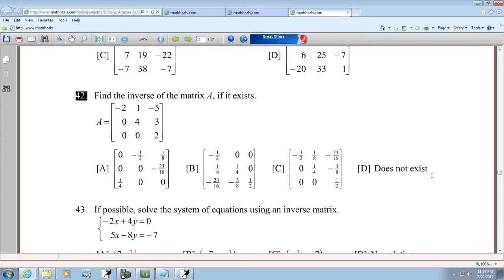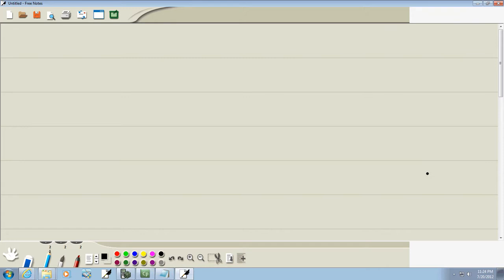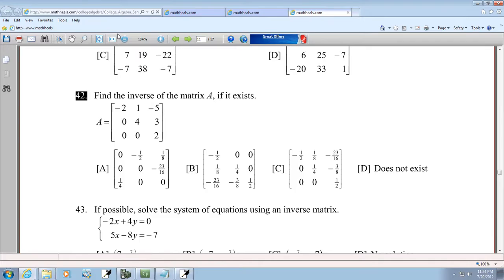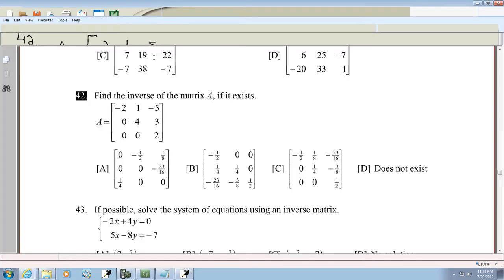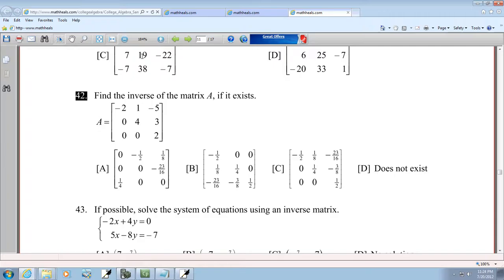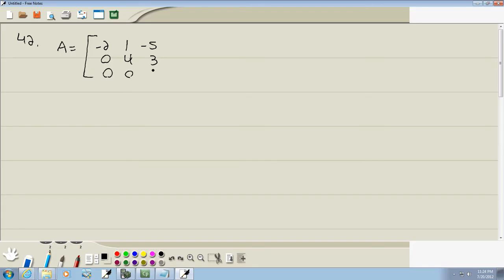Well, let's take a look at how to do this by hand. Let's see, we got A is equal to negative 2, 1, negative 5, 0, 4, 3, and 0, 0, 2.